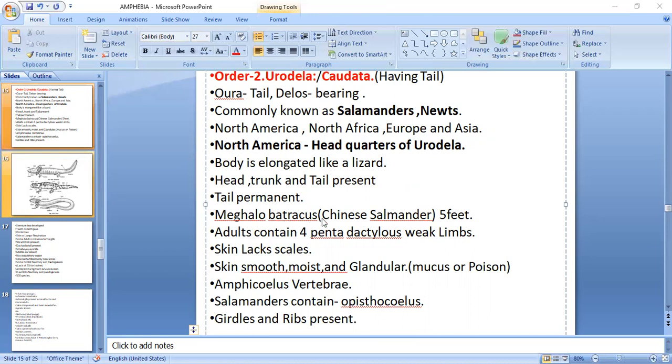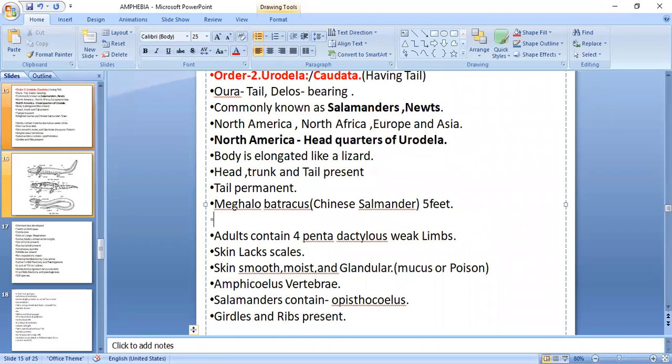And Megalobatrachus is the biggest salamander. Okay, the Chinese giant salamander, this is 5 feet, and there is another one, Chinese giant salamander, Triturus viridescens.